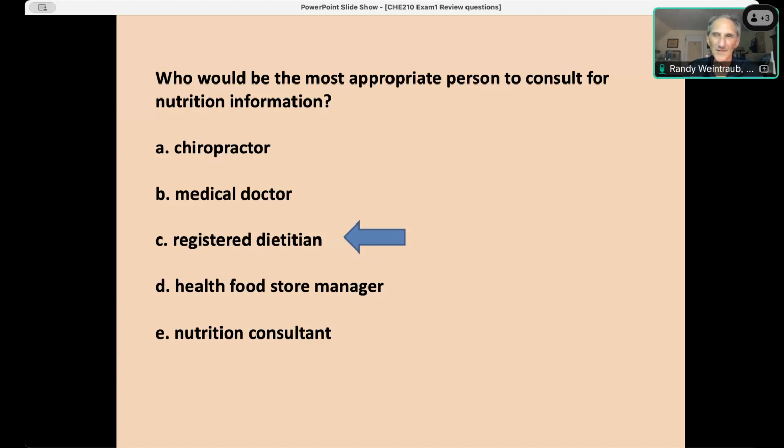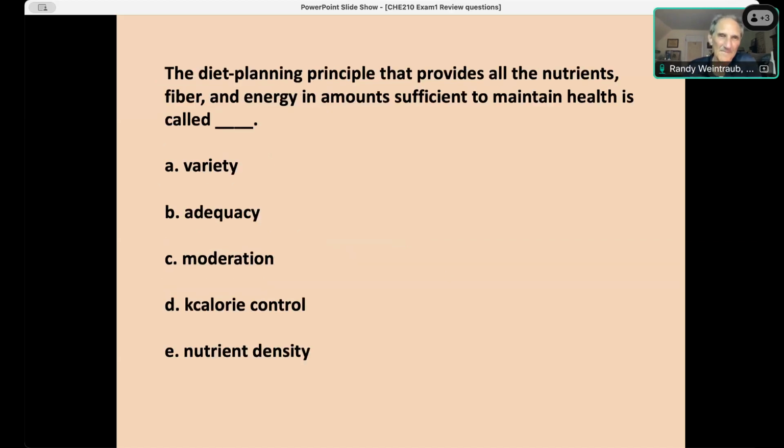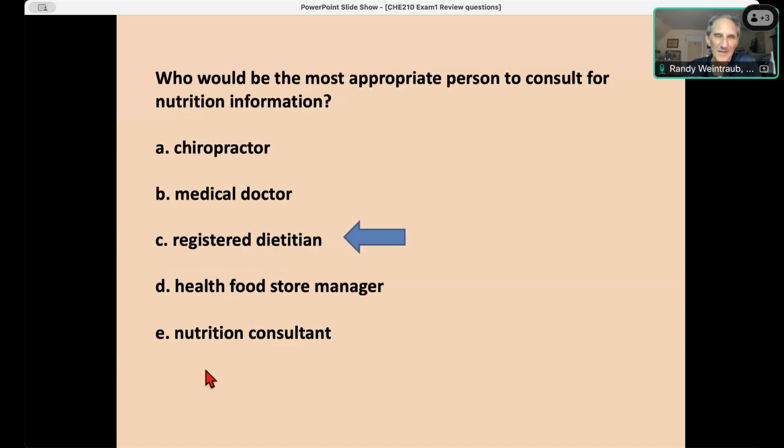And in most states, there's no official registered nutritionist. Let's say something here. They could be very good nutrition consultants, but they may not be board certified, but there certainly could be a good nutrition consultant.